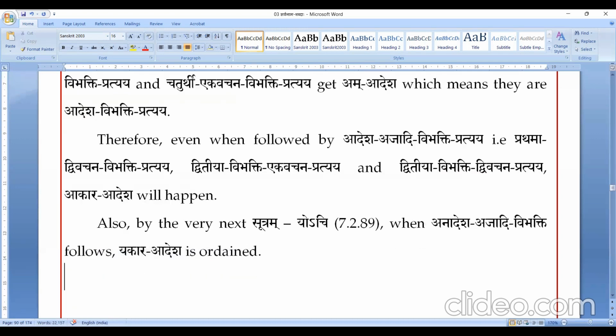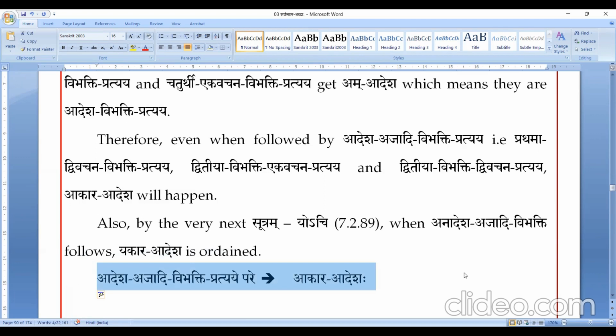So when Anadesha Vibhakti Pratyaya follows, Yakara Adesha; when Adesha Ajadi Vibhakti Pratyaya follows, Akara Adesha. Therefore the summary is, combining all, when Adesha Ajadi Vibhakti Pratyaya, like it says, Ajadi Vibhakti Pratyaye Pare, Akara Adesha Bhavati, that is for 1, 2, 2, 1 and 2, 2.